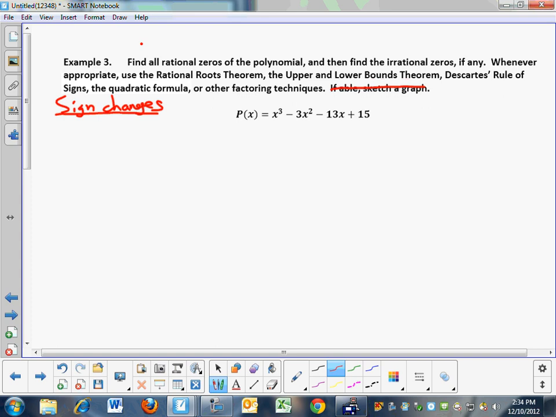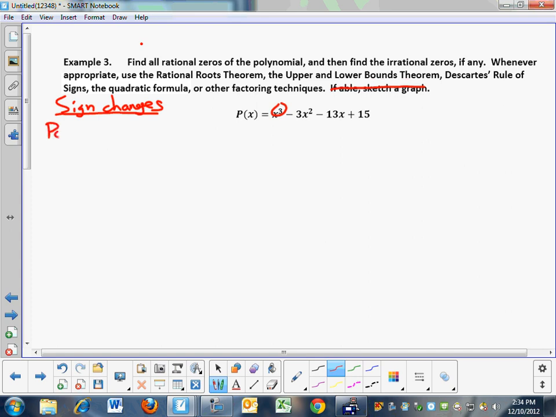First of all, how many roots are there to this polynomial? There's 3. Let's look at the sign changes. How many sign changes are there currently in that problem? 2. The first number is 1, then it goes negative, and then it goes from negative to positive. There are 2 sign changes.